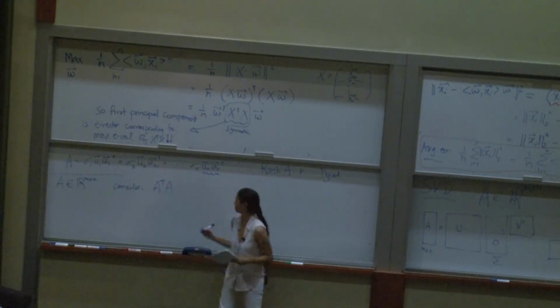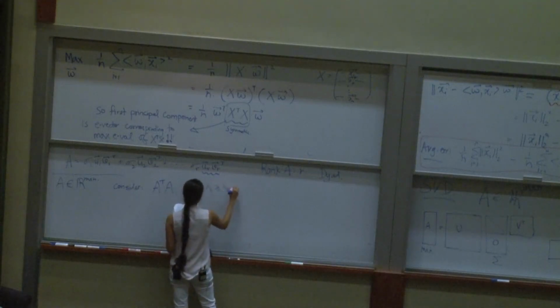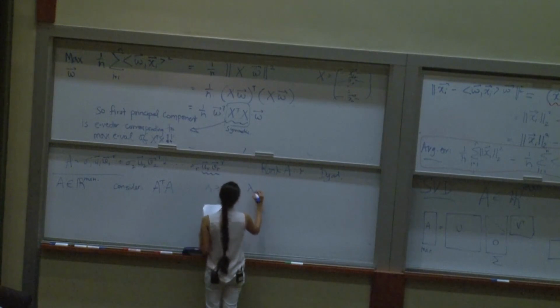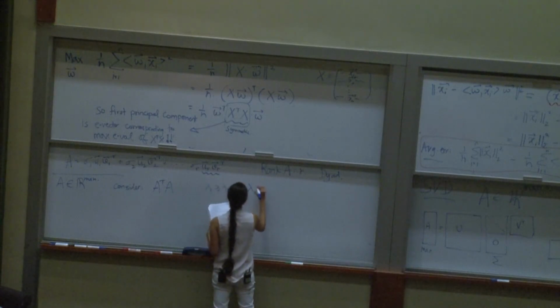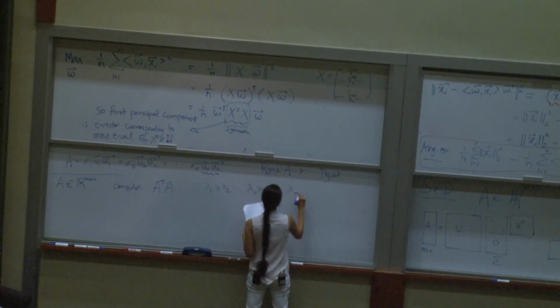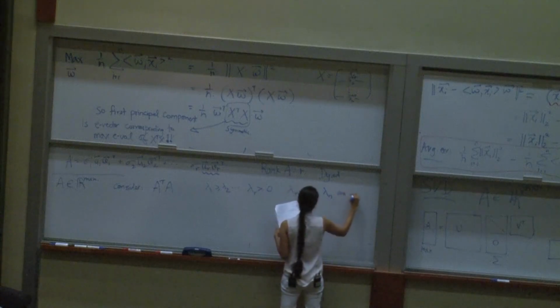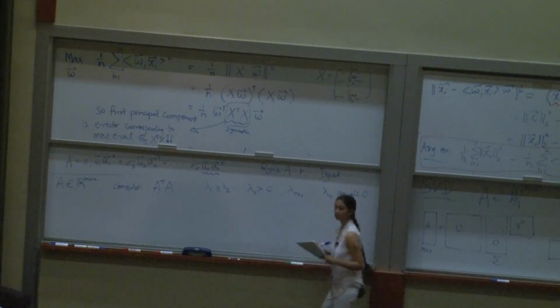Let's say it has the following eigenvalues: lambda 1 greater than or equal to lambda 2, all the way down to lambda r, which are strictly greater than 0, and lambda r plus 1 all the way to lambda n are all 0.